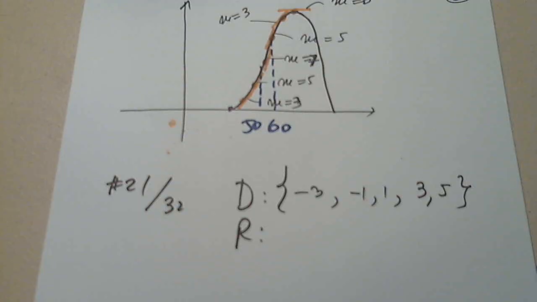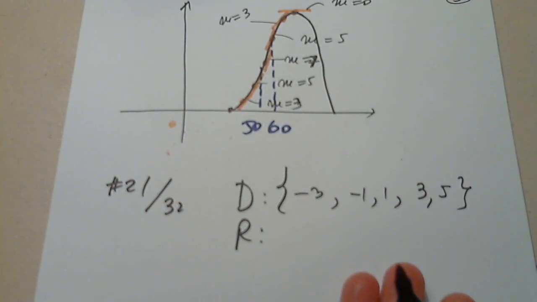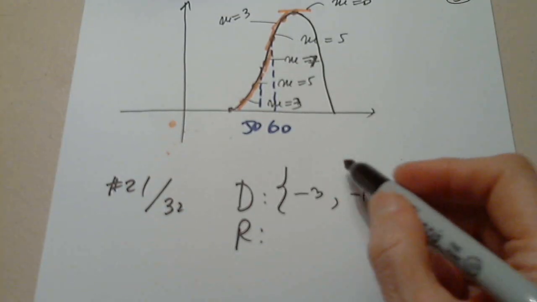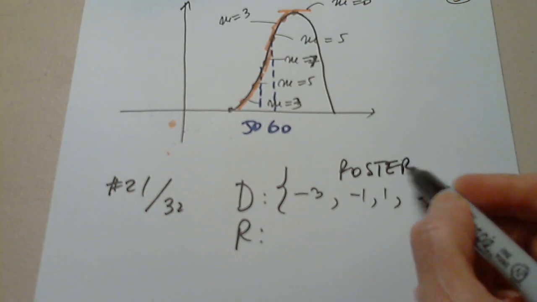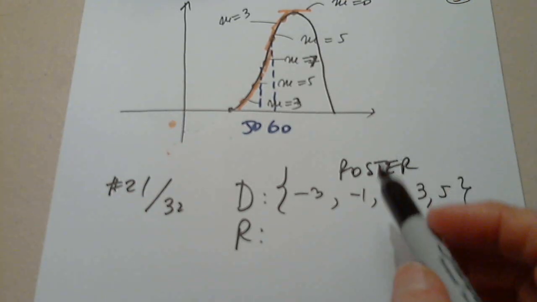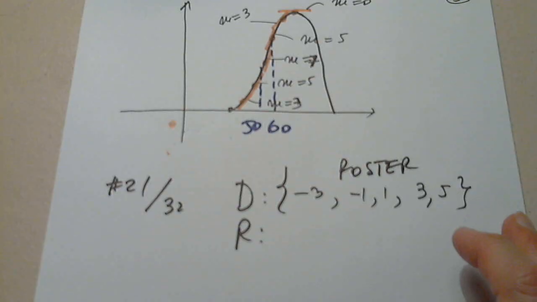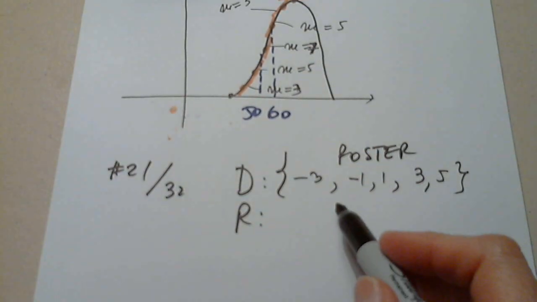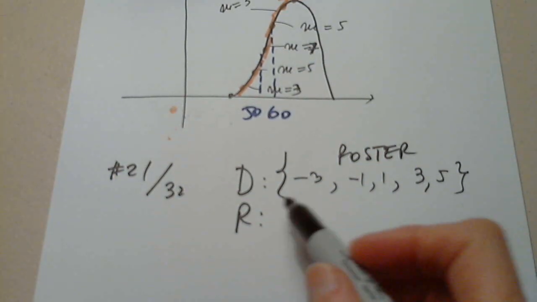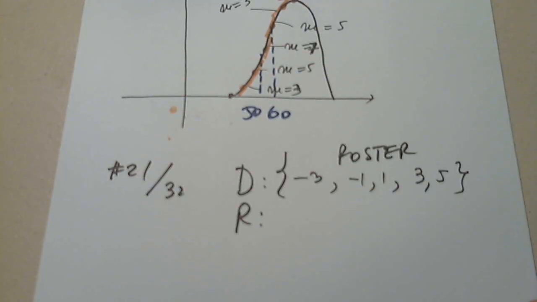That's it. I have to use braces and use like a roster. It's also called set builder notation. So I list them, like a list.